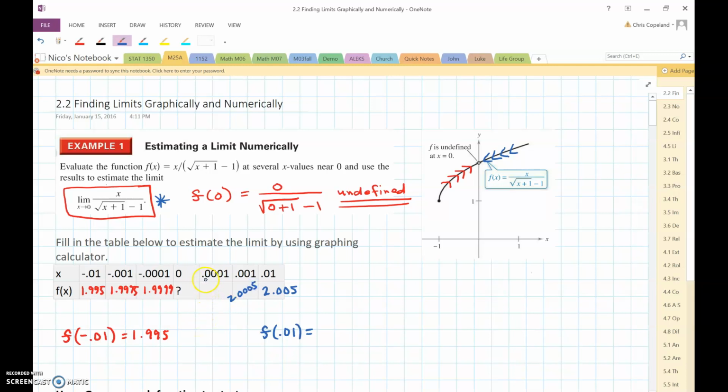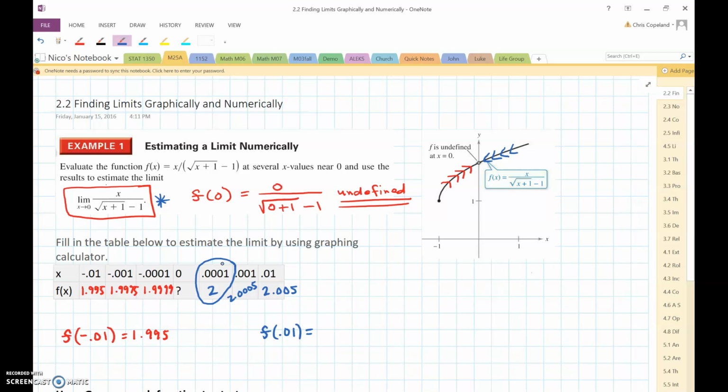Then I'll plug in 0.0001 into the calculator, and it gives me 2, but that's actually inaccurate. It's so close to 2 that it's rounding up to 2, but it's really 1.9999999 going on for a really long time.